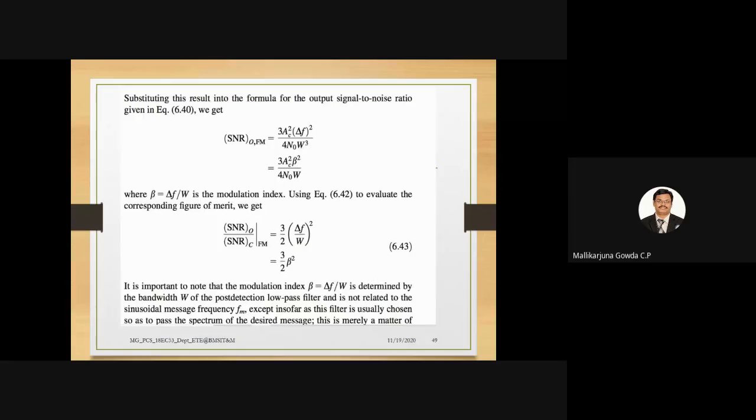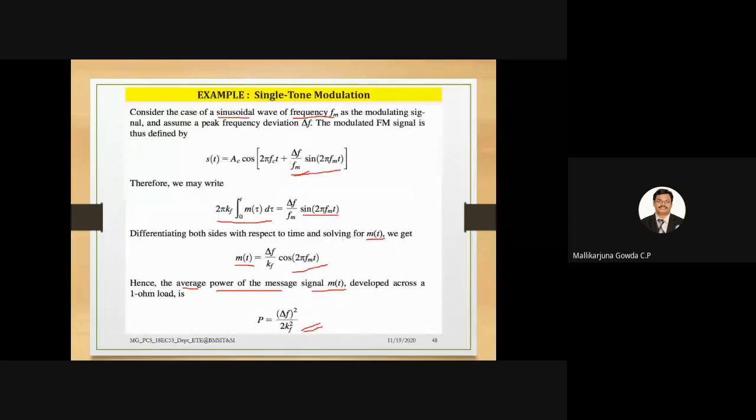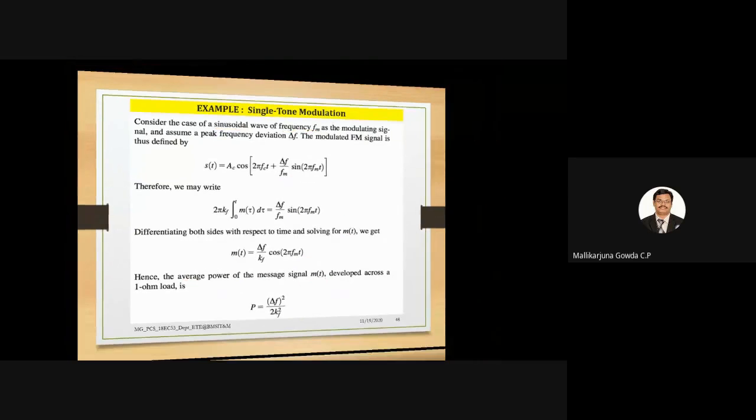So I am substituting the value of P in the output SNR expression. We know the expression for output SNR, where P was there. So I'm substituting the value of P as delta f whole squared divided by 2 into k squared f.